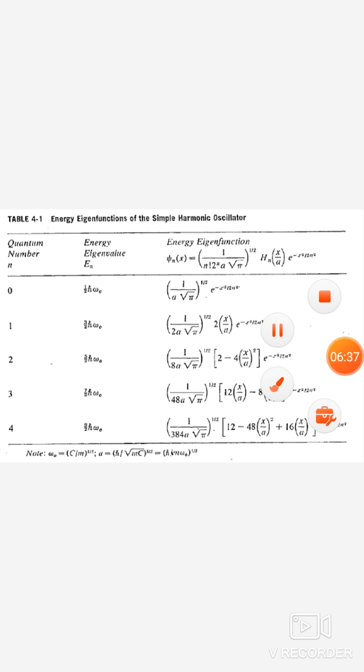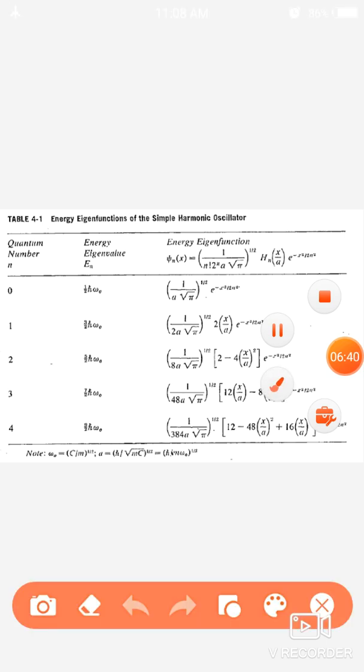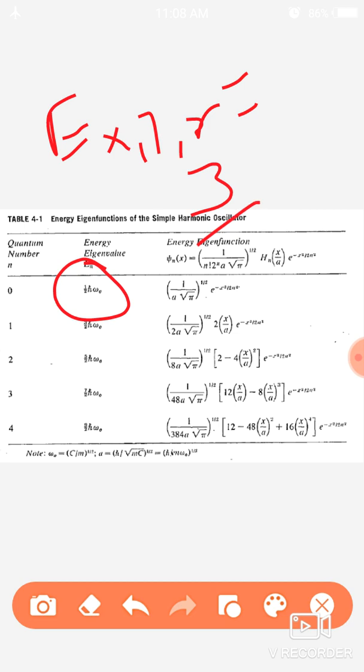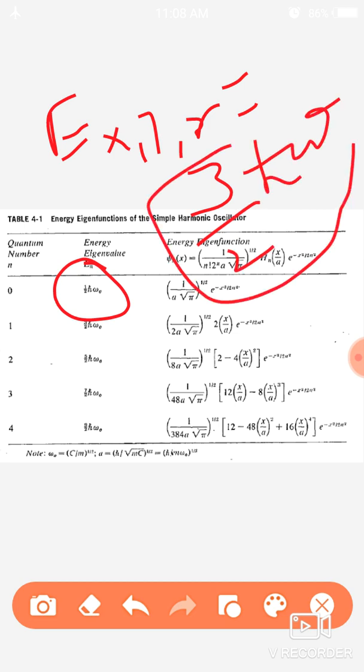Then the minimum amount corresponding to each degree of freedom equals half h cross omega, so the ground state energy of the harmonic oscillator in x, y and z equals 3 by 2 h cross omega. So this is the minimum amount of energy corresponding to a spherical harmonic oscillator.